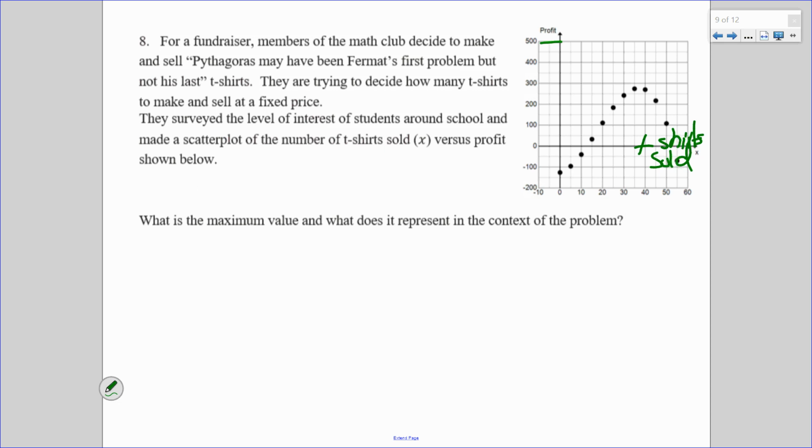Well, the maximum value, if I sketch the curve here, is right around here. It's approximate. The maximum value is the y value. The point itself is approximately 35, 300, which means the maximum profit is $300.